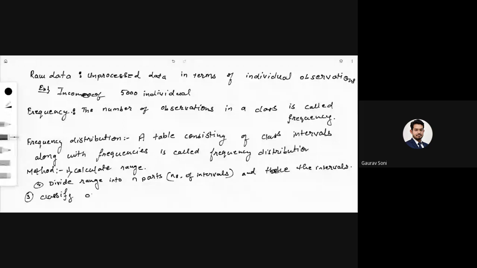Depending on your class intervals, we will take the observations and put them into the class intervals accordingly. And then we tally marks and we get the frequency distribution table.